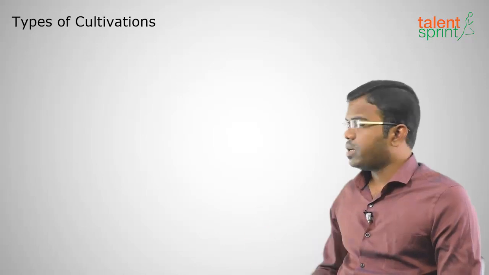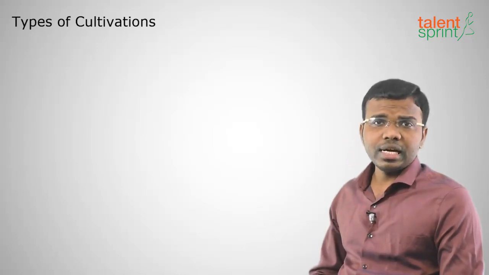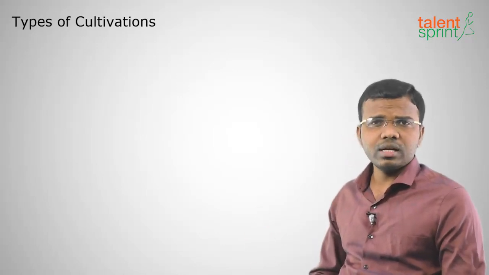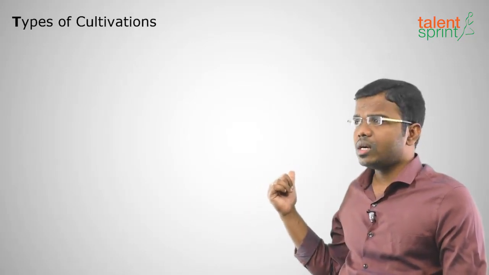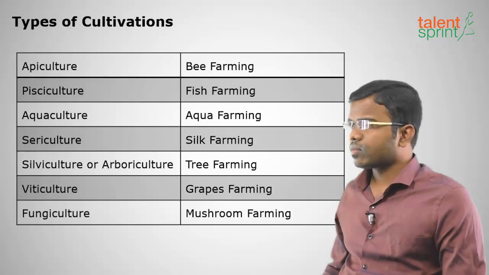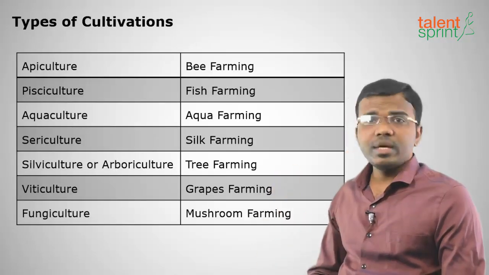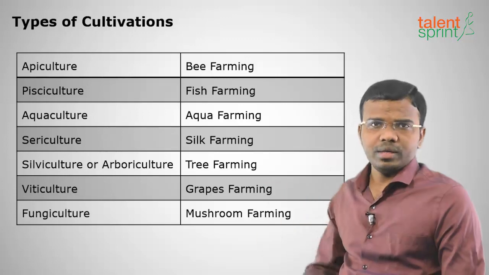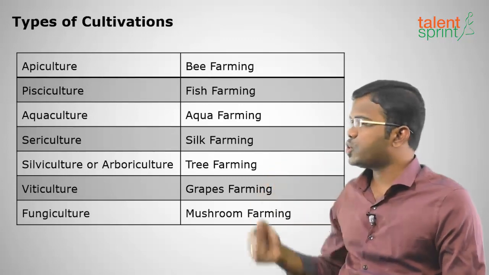And next we shall go through the types of cultivations. What are the different types of cultivations in agriculture? I have given them in a tabular column. These are very important. First is apiculture. Api means bee farming. Next is pisciculture, fish farming.